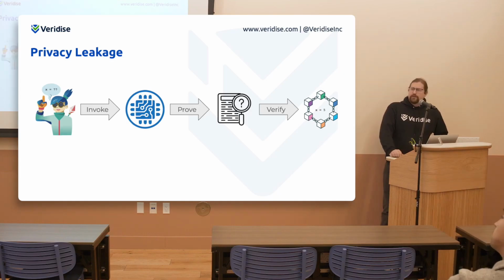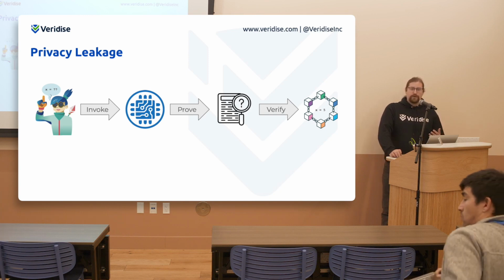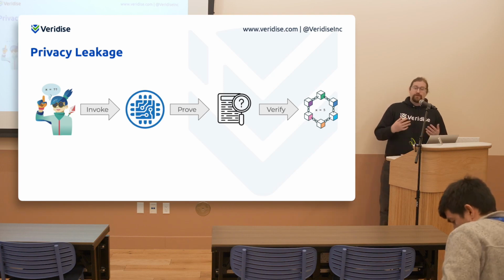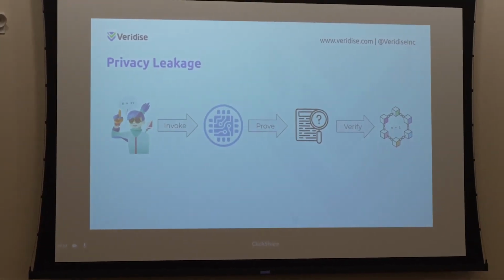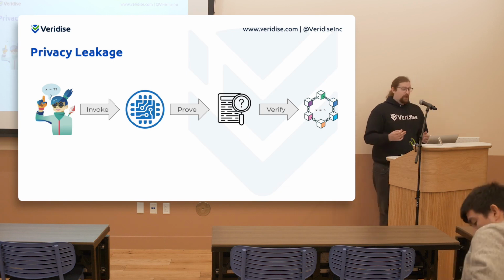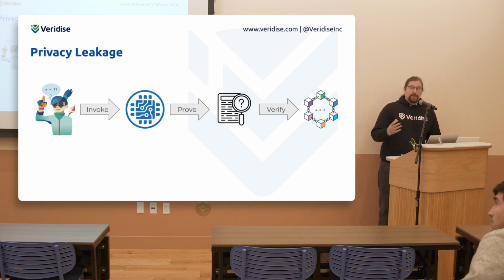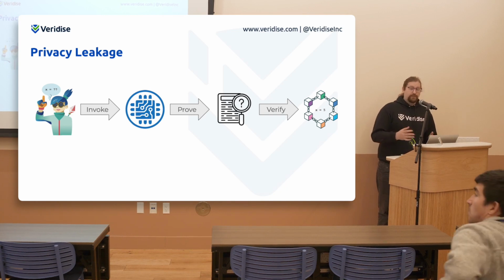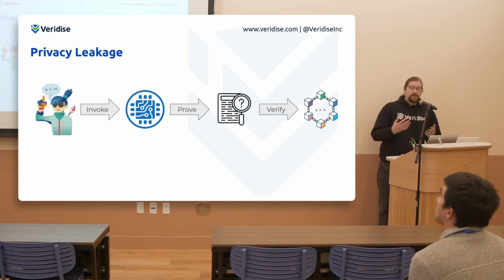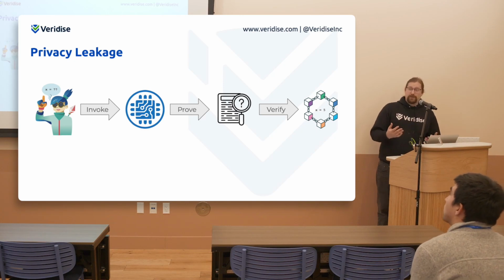Okay, the next thing that we want to talk about is privacy leakages. Privacy leakages are very important because Aleo is a private blockchain. And so a lot of users are developing private applications where they don't want to expose private user information. So we're going to talk quite a bit about privacy leakages because it becomes very important to ensure that information is not leaked, and that people can't learn about this private information.